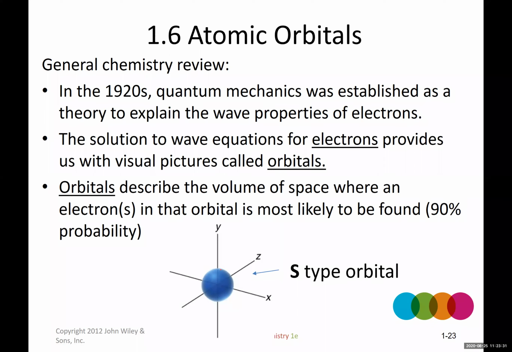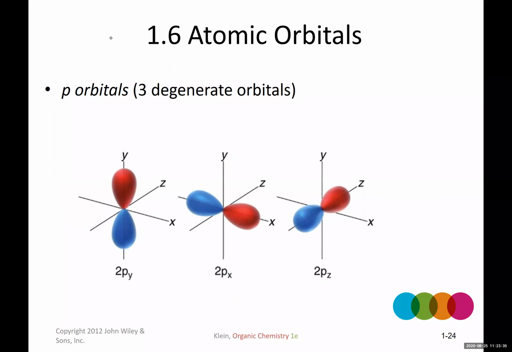So that's an s orbital, and you probably recognize these as p orbitals. Degenerate in chemistry means equal energy. It just means equal energy. And you see the p orbitals are shaped kind of like a dumbbell, and the only difference between them is their spatial orientation.